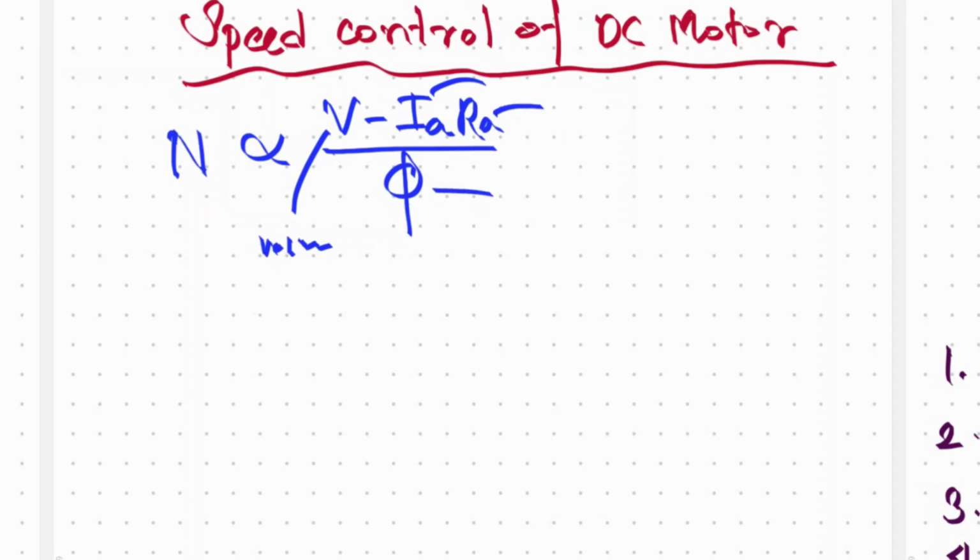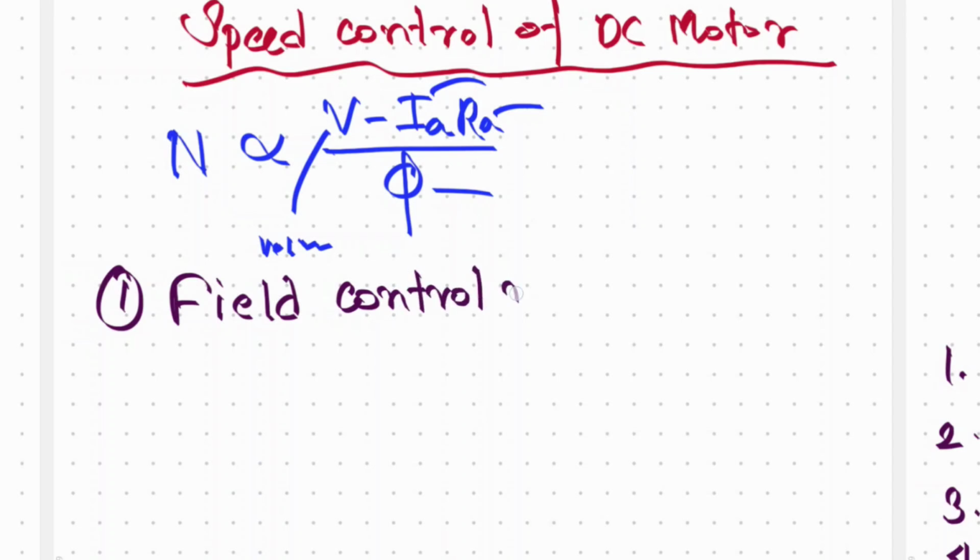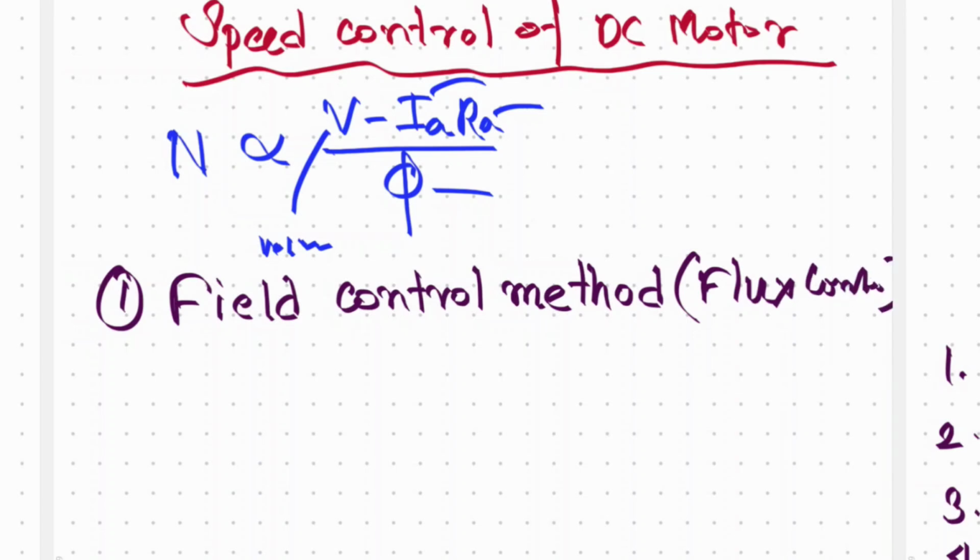Now in a DC motor, the speed can be controlled by different methods. Here we'll first see the field control method, or flux control. Basically, in this method a variable resistance is inserted in series with the field winding.